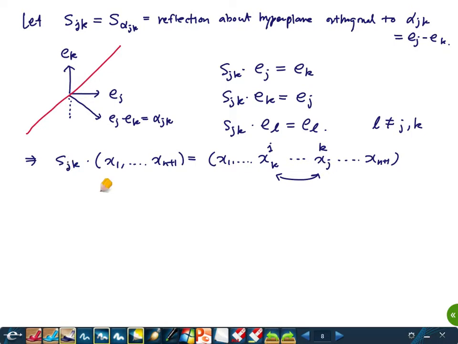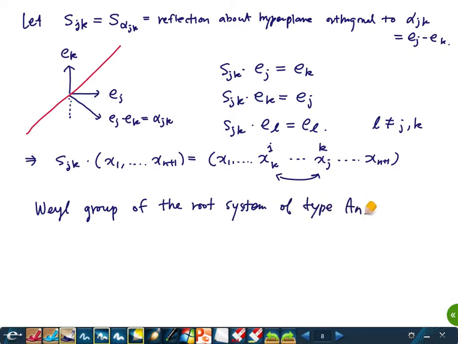So in fact, the Weyl group of type A_n, of the root system of type A_n, is isomorphic to a symmetric group, or permutation group, on n plus 1 elements. Yeah, because we have n plus 1 elements like that.